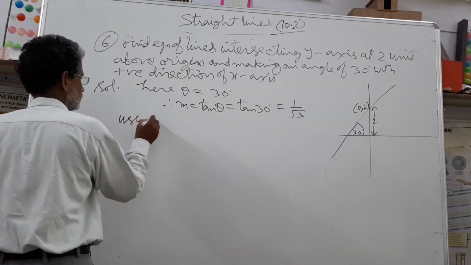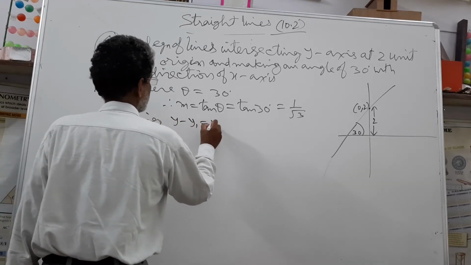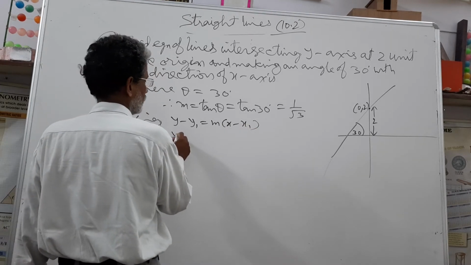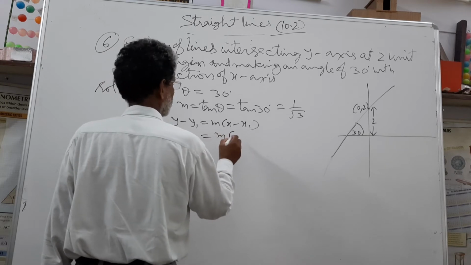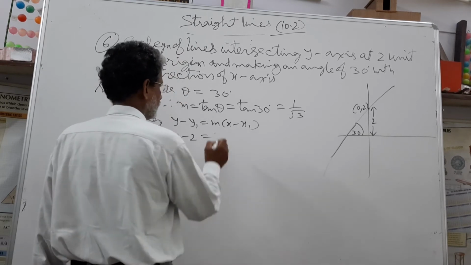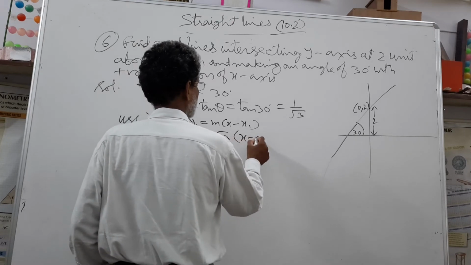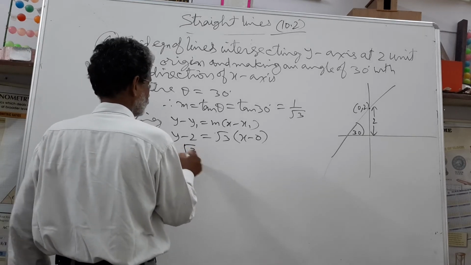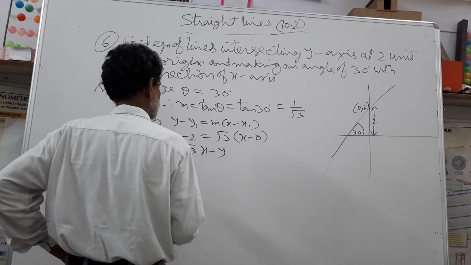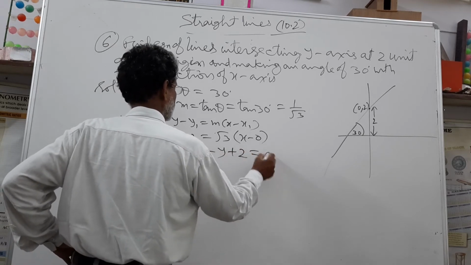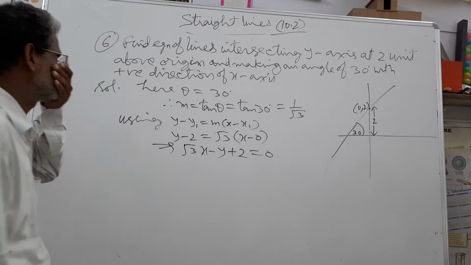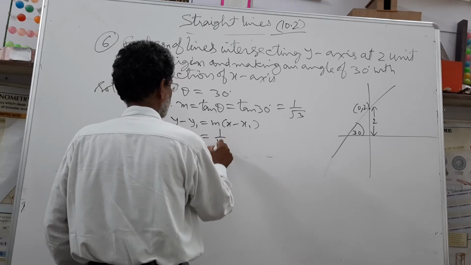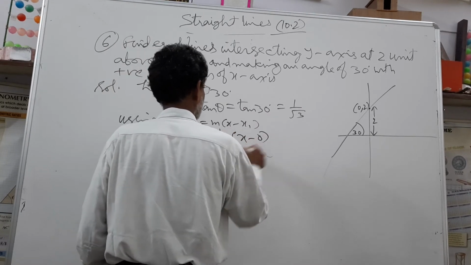Using y minus y1 is equal to m(x minus x1), we have y minus 2 is equal to m. Value of m is 1 upon root 3, (x minus 0).